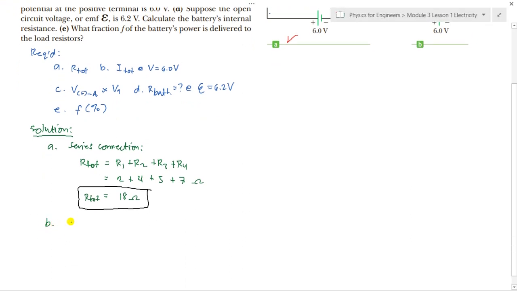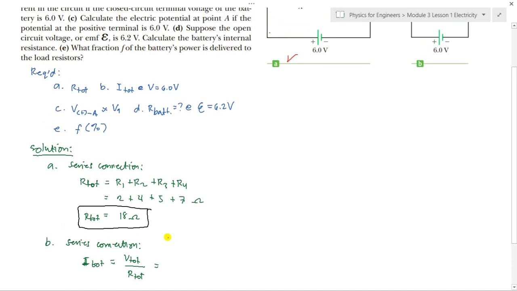So for letter B, what would be the total current if our source voltage is 6 volts, so that is a series connection gihapon, series connection man then I total. So I total, the formula for I total using Ohm's law niya, so that is the total voltage or the source voltage over the total resistance. So what is our source voltage? Again, given man that is 6 volts.